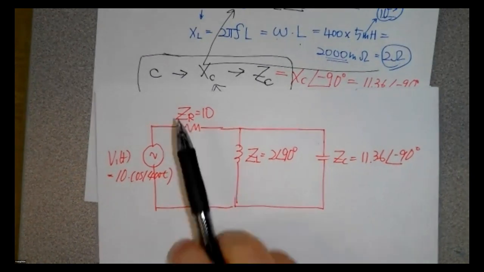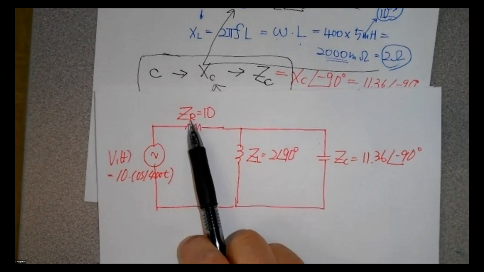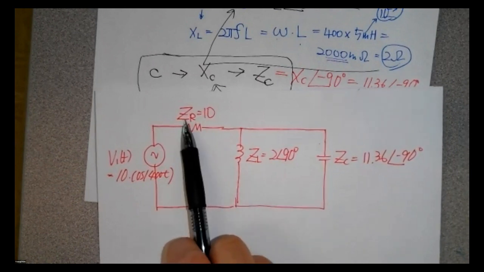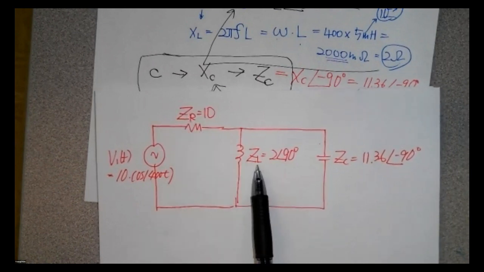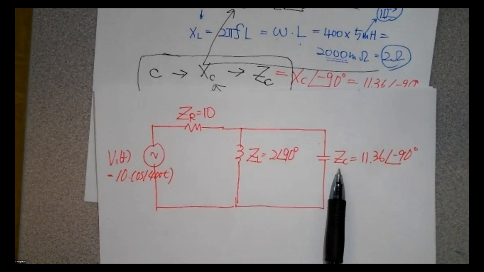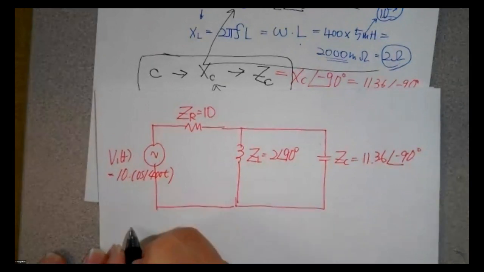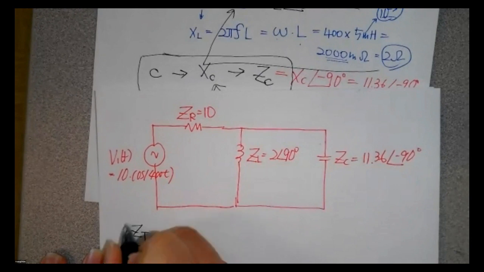Step one, make a conversion of the three basic elements which consist of the hybrid, the AC circuit, to make Z sub R, Z sub L and Z sub C. Now we are looking for the total impedance.